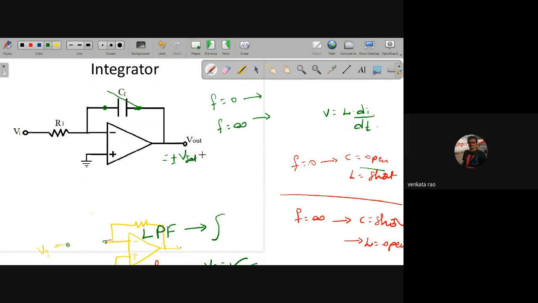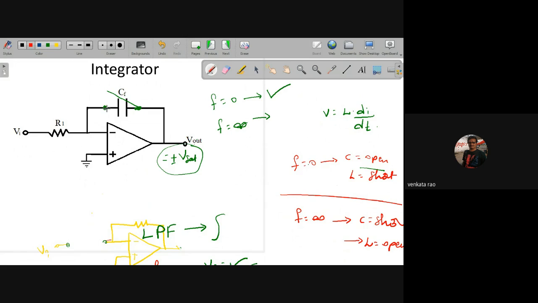Now, for f equal to infinity, are you getting some output or not? You are getting some output anyway. For f equal to infinity, your capacitor is short circuited.